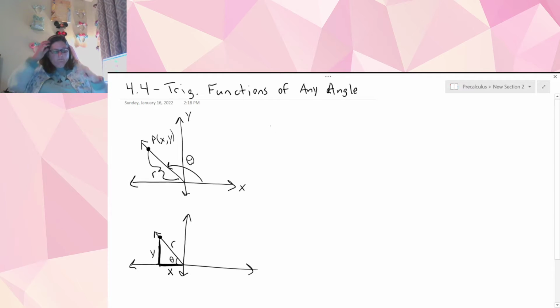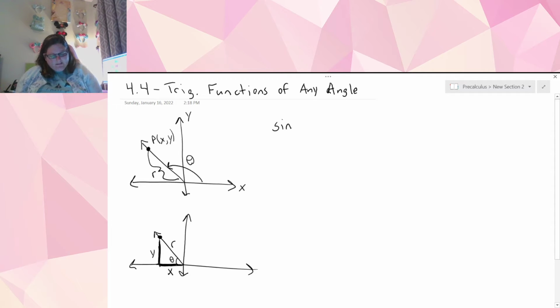But using what's called a reference angle is how you find your trig functions and trig values, because your angle is like rotating you to a certain point, and no matter if you look up or down, you can still find the trig ratios of that. But you want to make a right triangle with it.